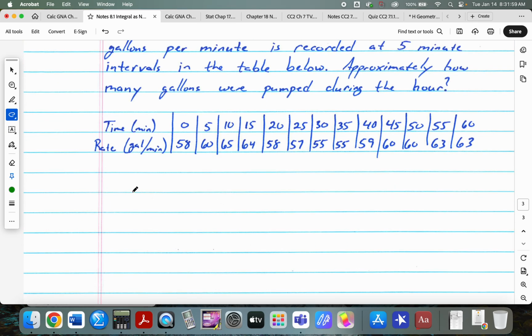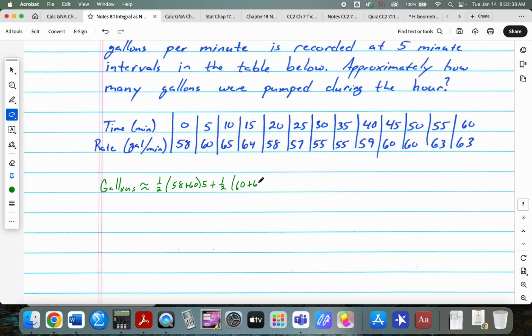So the gallons, and I'm probably not going to be able to fit this onto one line, will be approximately equal to half of 58 plus 60 times 5 plus half, and I'm going to get partway through this and then we're going to switch.